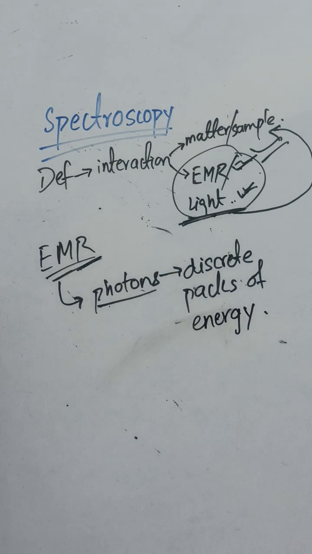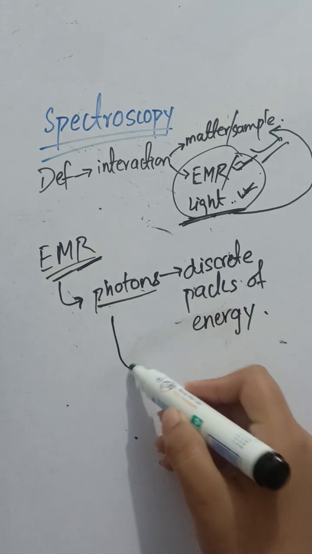So we will put our photons over our sample and see what kind of sample it is. So EMR is made of photons containing different packets of energy, and we will throw these packets of energy over our sample. And what is a photon?